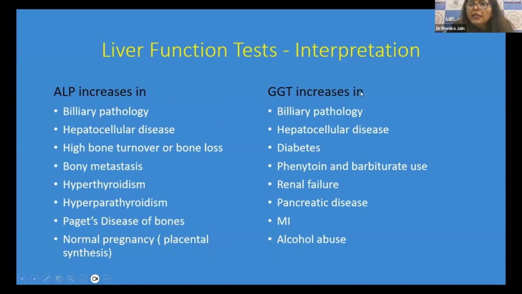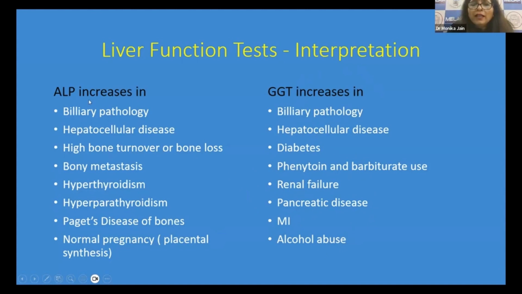And gamma GT, what are the conditions in which it is increased? Mainly in biliary pathology and hepatocellular diseases. Some increase can be seen in patients on drugs like phenytoin and barbiturates. A mild increase can be seen in renal failure, pancreatic disorder, MI, and alcohol. These are the conditions in which a mild increase in gamma GT is seen.